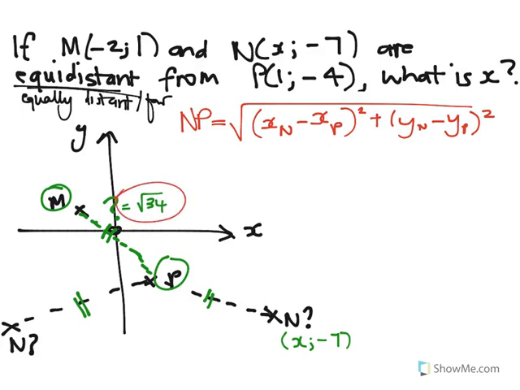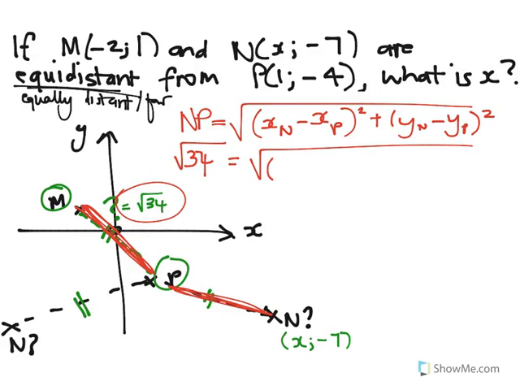We know that it's supposed to be this because M is equally far from P as N is from P, so the distance should be the same. So square root of 34 needs to be equal to the x-coordinate of N, which is unknown, minus the x-coordinate of P, which is 1, plus the y-coordinate of N, which is minus 7, minus the y-coordinate of P, so minus 4 squared.